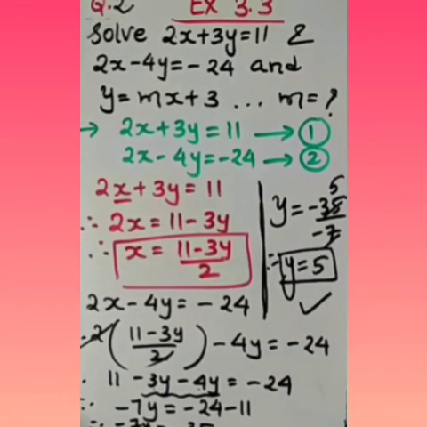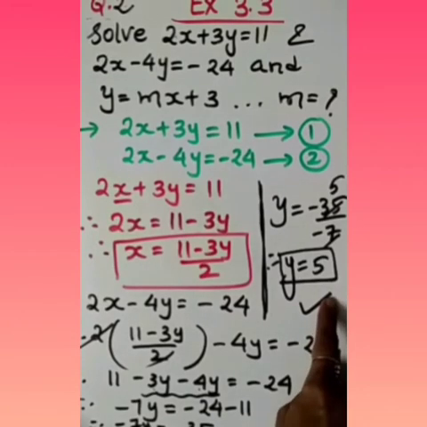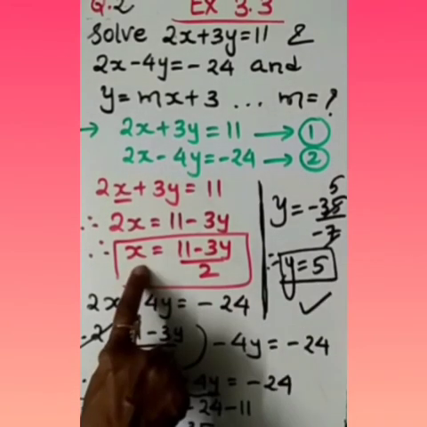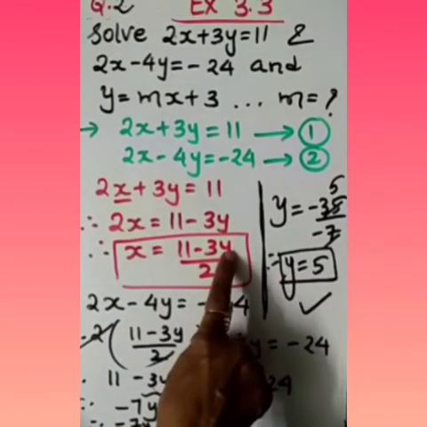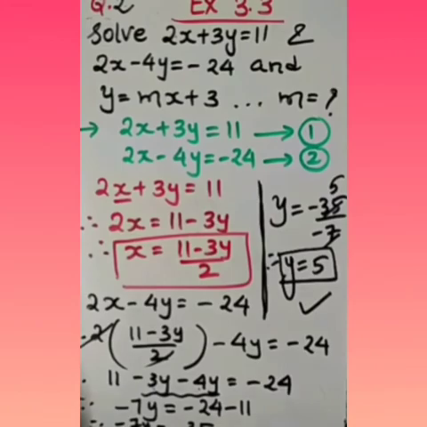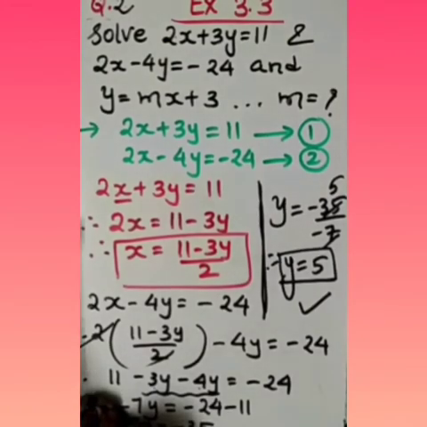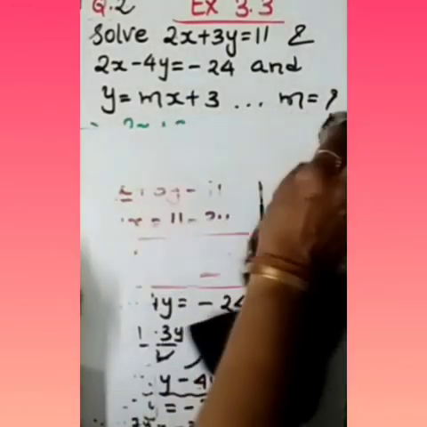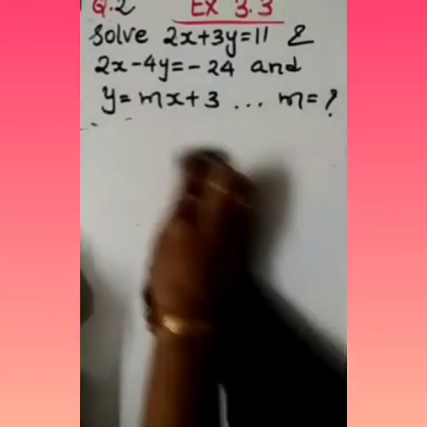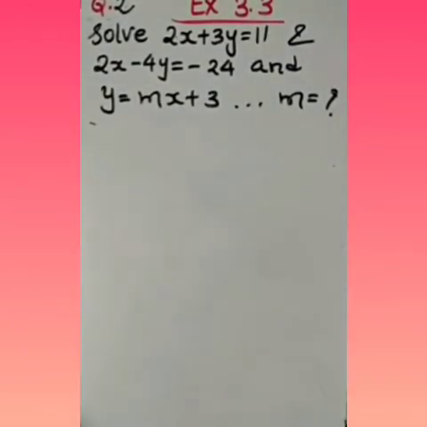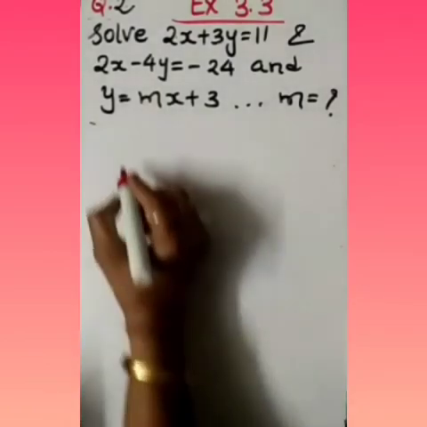And in the next step, we are going to put this value of y in. Okay. So here in place of this, we will put the value. Let's see. x equal to (11 minus 3y) by 2.